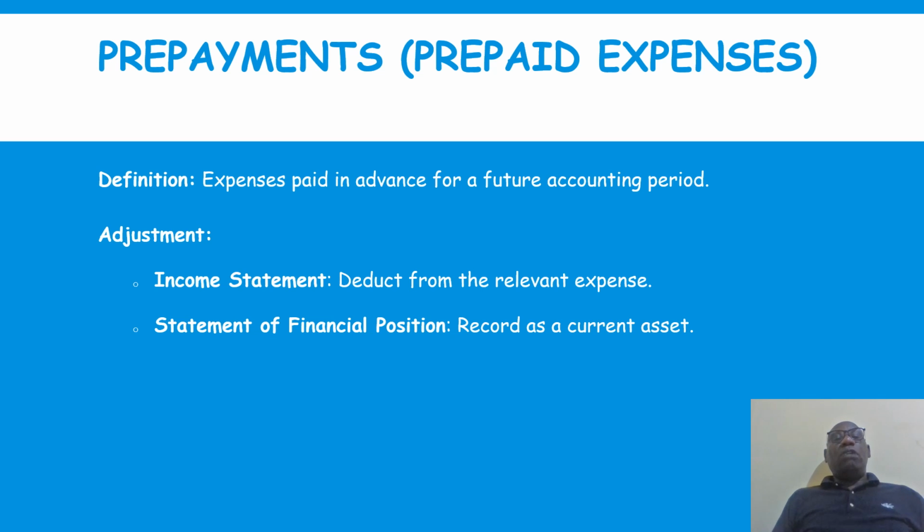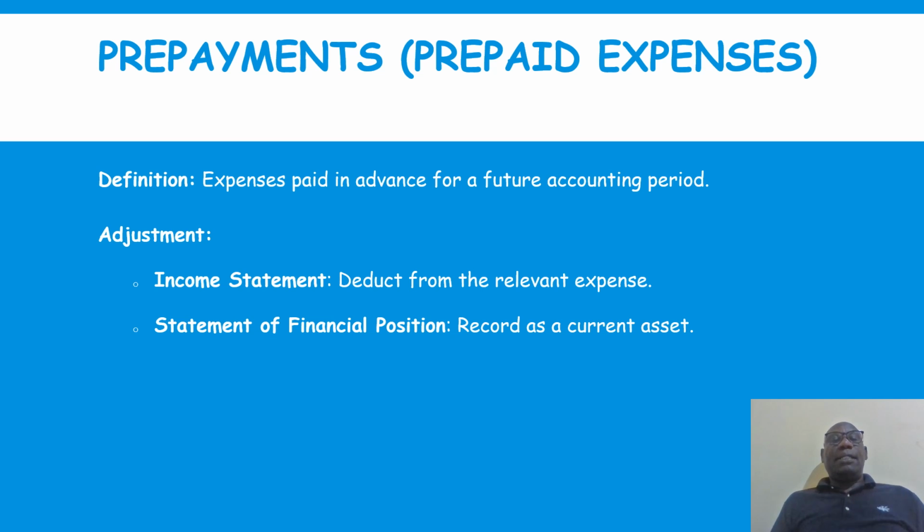Well, having looked at accrued expenses, let us move on and look at prepayments. Prepayments, which can also be referred to as prepaid expenses. Now, what is the definition of prepayments? What are prepaid expenses?